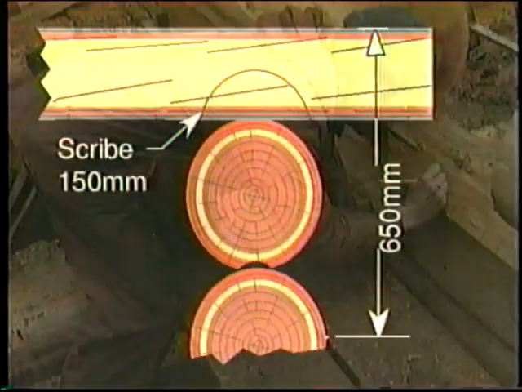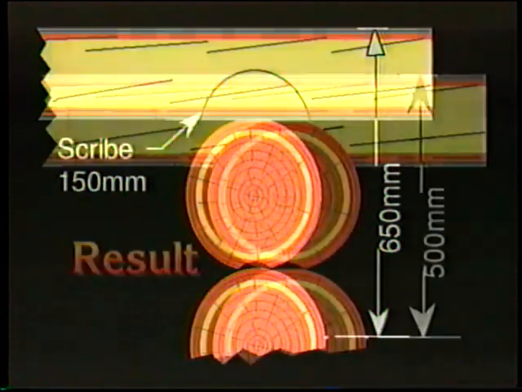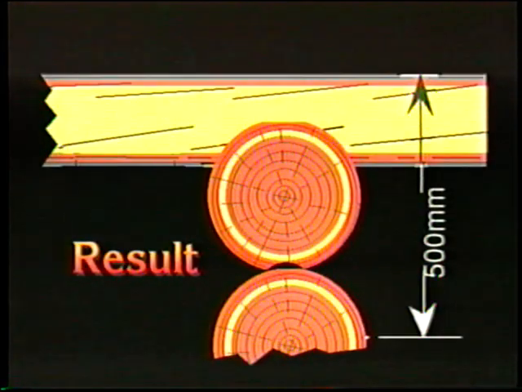Because your joist is 300 millimeters in diameter, and you would like to scribe it down about halfway, then choose a scribe width of 150 millimeters. This will leave the top of the joist 500 millimeters above the reference line when it is completed.